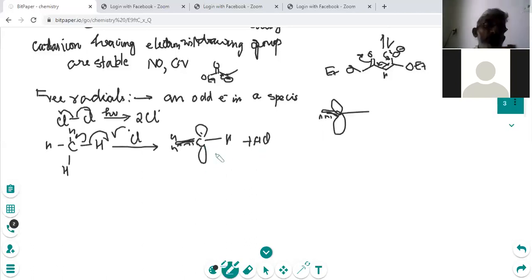So you have generated a new methyl radical. This is a methyl radical. So this is a method of making radicals, and many times photochemical reactions have free radical mechanisms, in photochemical reactions.